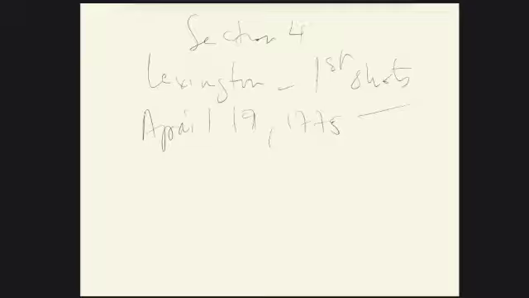They encountered approximately 77 colonial militia members. They were known as Minutemen.